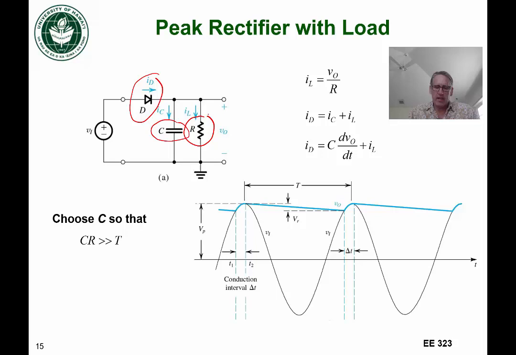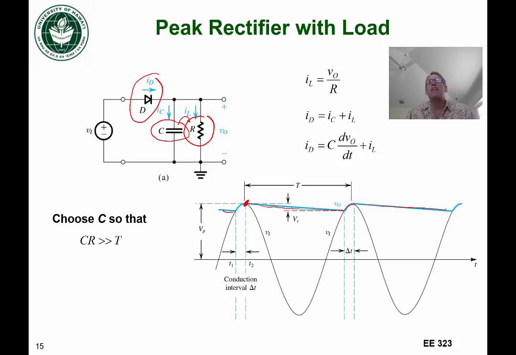So what we're going to see, if we look at this waveform down below, is that we're going to charge up to some value. Let's suppose we start at this point here, but now we're going to discharge the capacitance through the resistance, and it's going to discharge, discharge, discharge, and then charge up again and discharge.